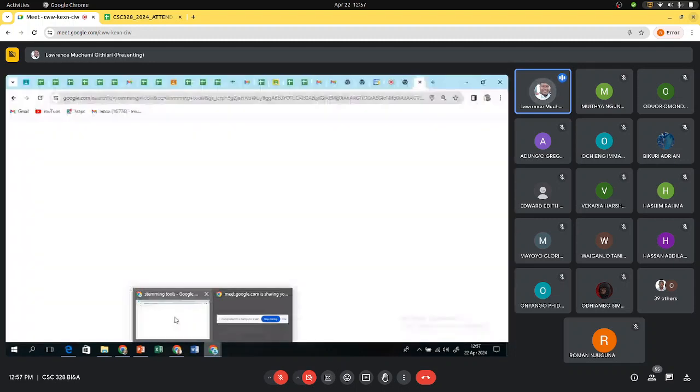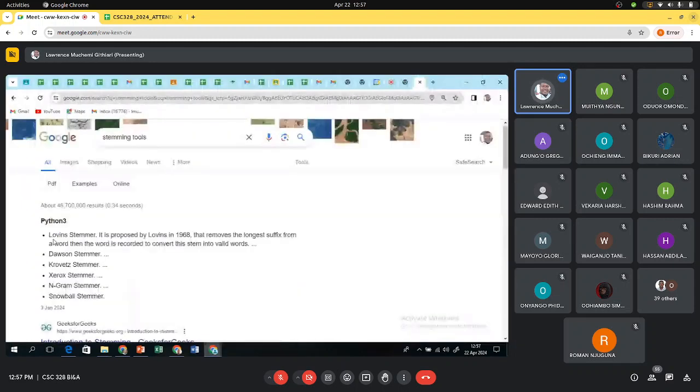Yeah, so in Python there is the Lovins stemmer, developed in 1968, the Dawson stemmer, the Krovetz stemmer, the Xerox stemmer, the N-gram stemmer, the Snowball stemmer. So there are so many of these stemmers, and you can look for their functions.